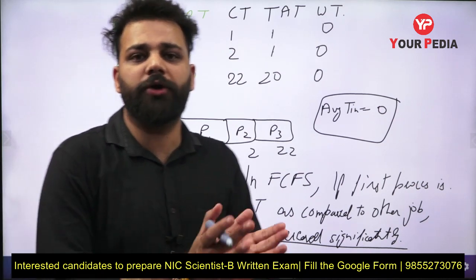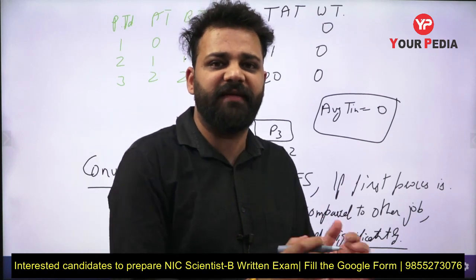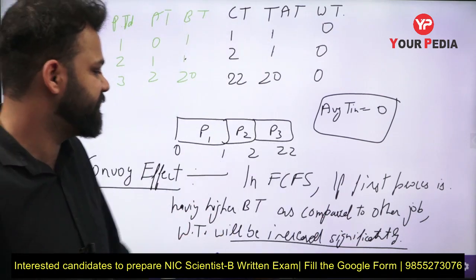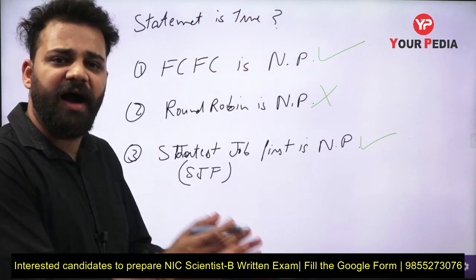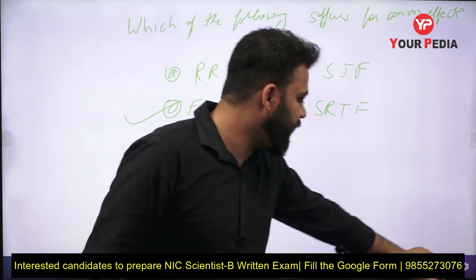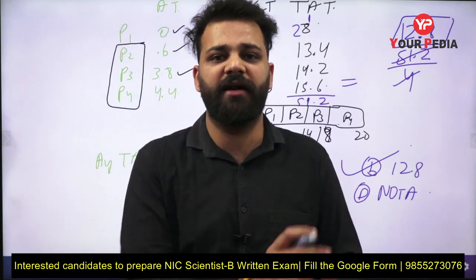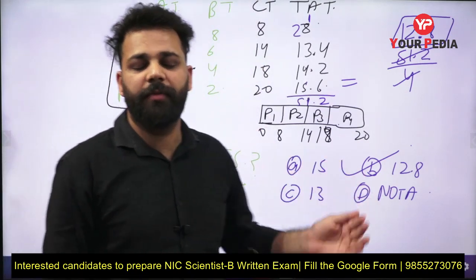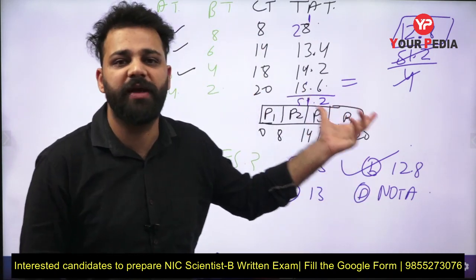When you study the whole topic, the theoretical questions of less difficulty will be asked in technical assistant, and the questions of higher difficulty will be asked in scientist B. So when you thoroughly study the topic theoretically and numerically, you will be able to answer the questions asked in both technical assistant and scientist B.